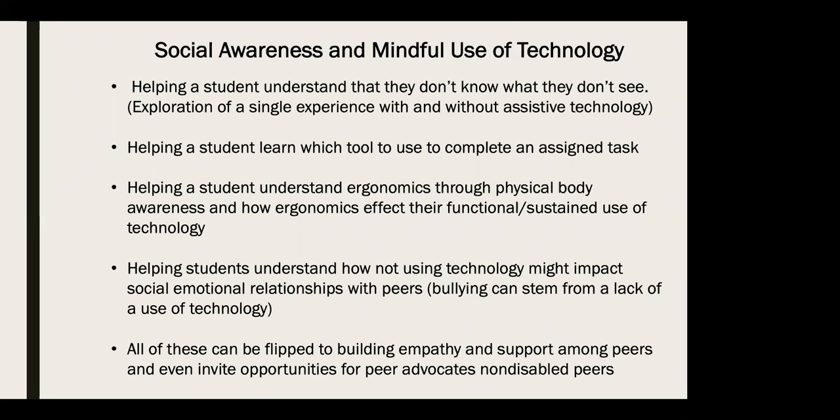And so if a student is presenting themselves in a way that makes them look excessively different because they're not using a piece of technology, whatever that technology is, they also need to be made aware that that choice is acceptable and has social consequences. And by making that choice, they're also choosing those social consequences.